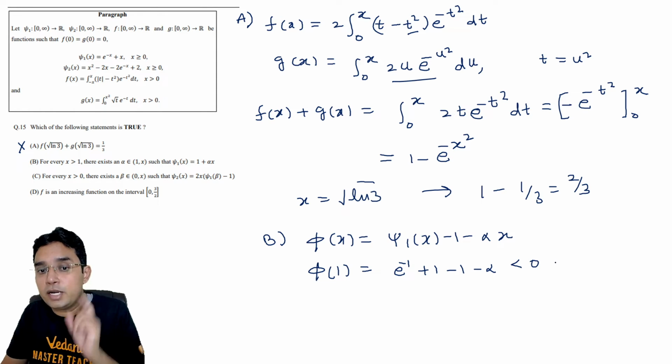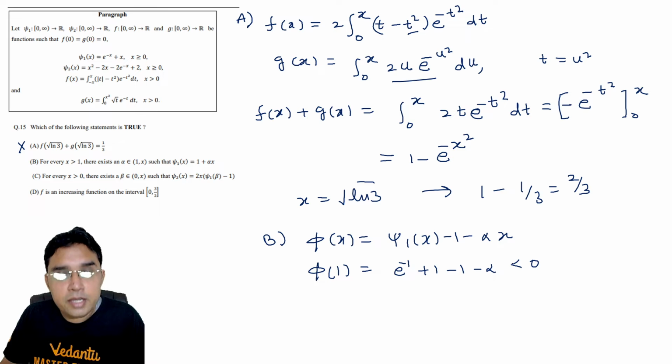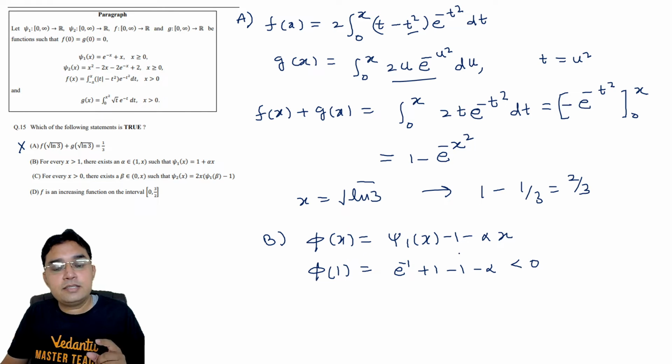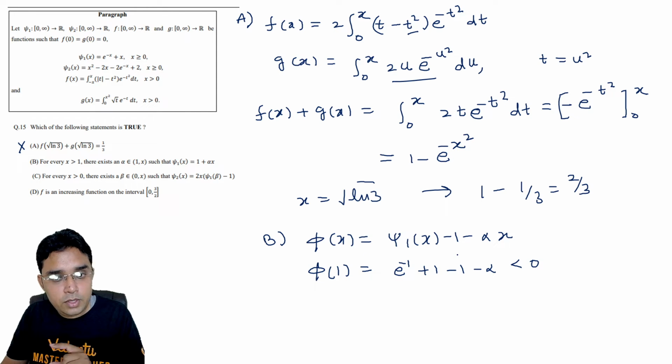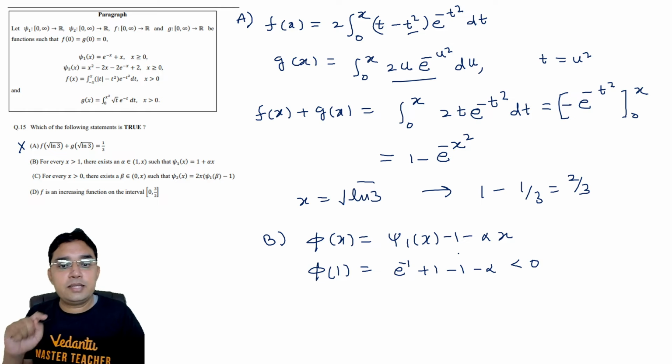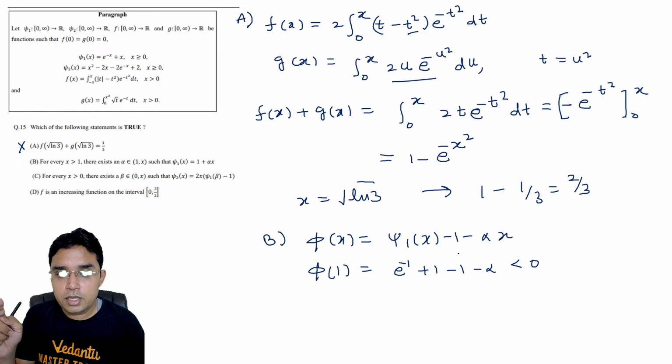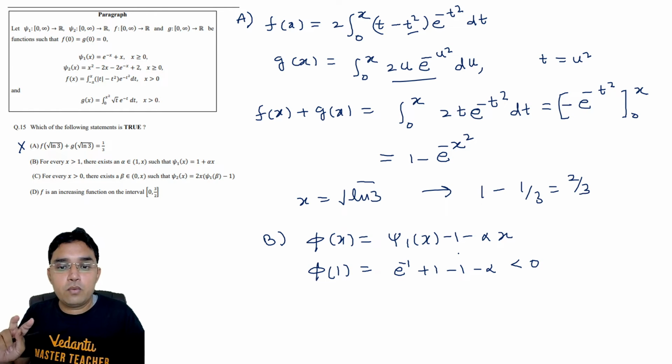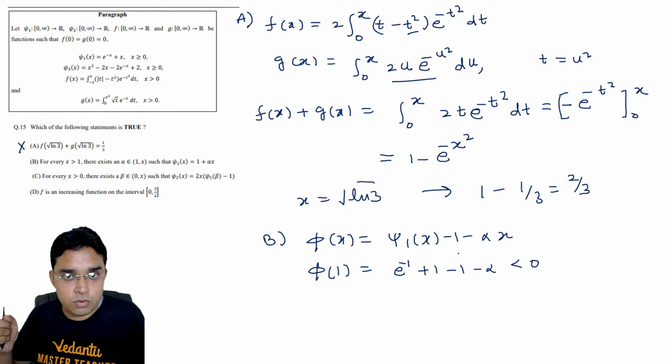Now one important thing: because phi of 1 is negative and phi of x is a continuous function, whatever path this phi of x function goes, it cannot become equal to 0 immediately after x equal to 1.